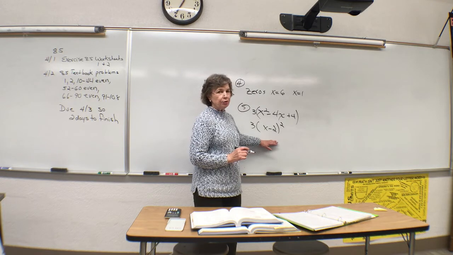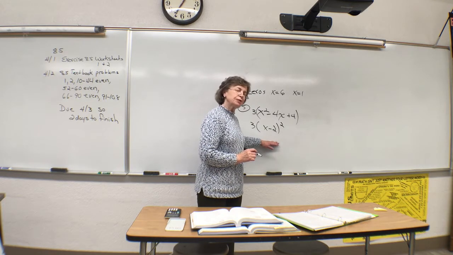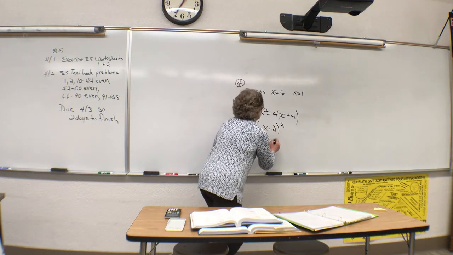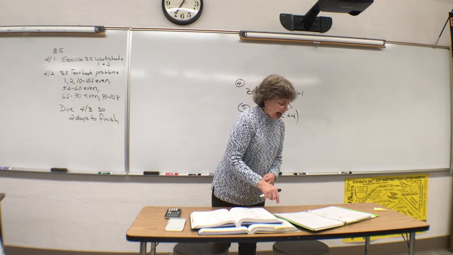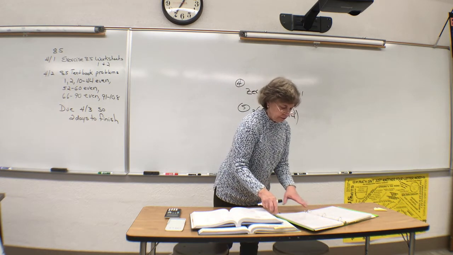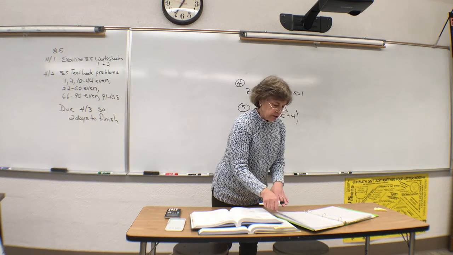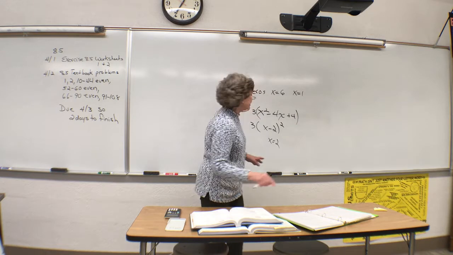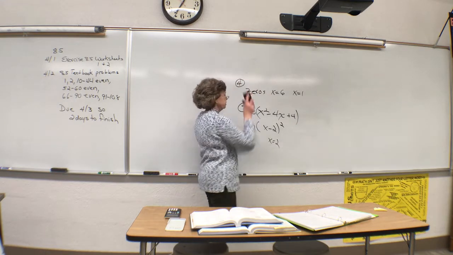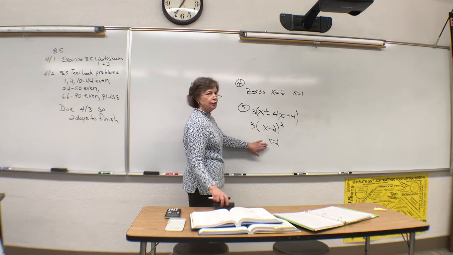I have a double root. Remember we said that was multiplicity of 2? A double root when x equals 2. So that was 4, that was 5, multiplicity of 2, a double root.